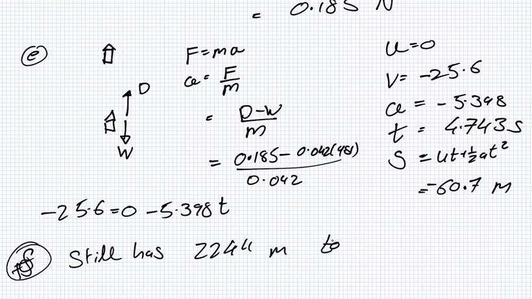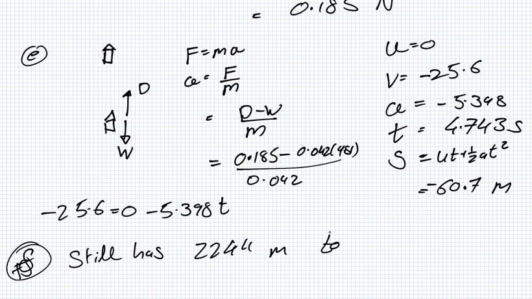meters to fall. Now for this remaining part of the flight, it's moving at a constant speed. In the question I said the terminal velocity is 25.6.